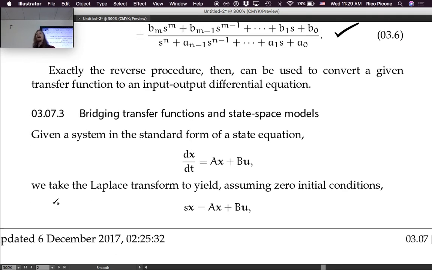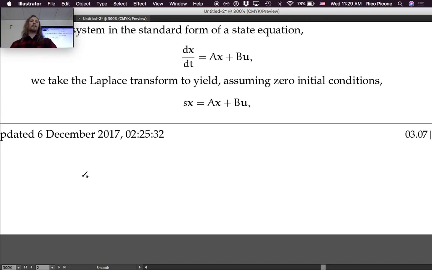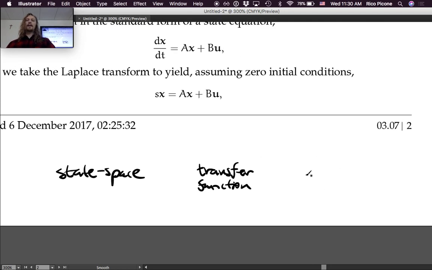So now, okay, what we've got, remember, we've got three system representations we're talking about today. We've got state space, we've got the transfer function, and we have the input-output differential equation representation.